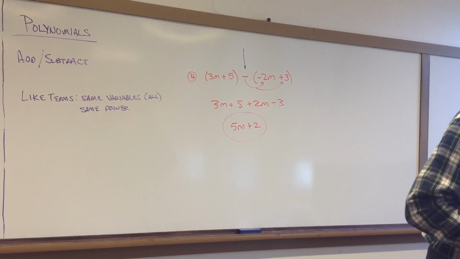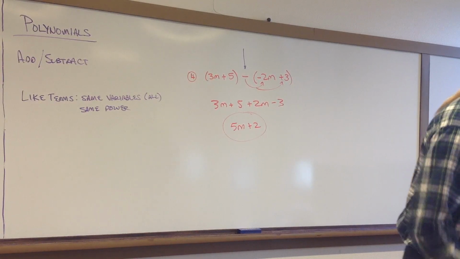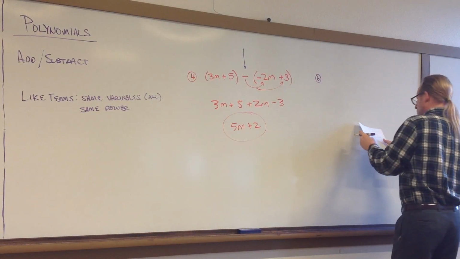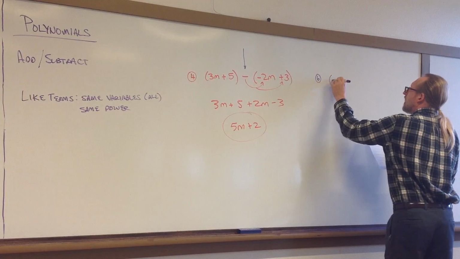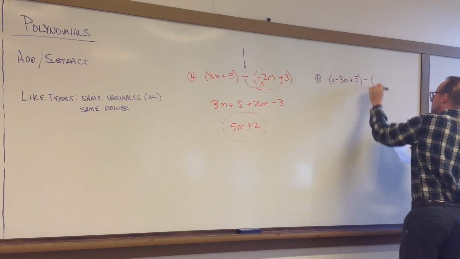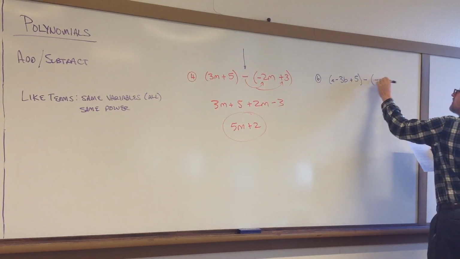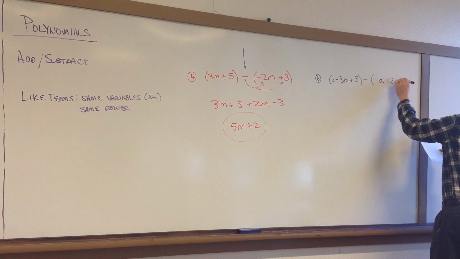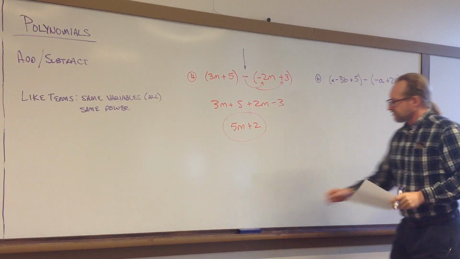Okay, let's see here. Problem 6 is also subtraction. A minus 3b plus 5, and then we're going to subtract negative a plus 2b plus 3.